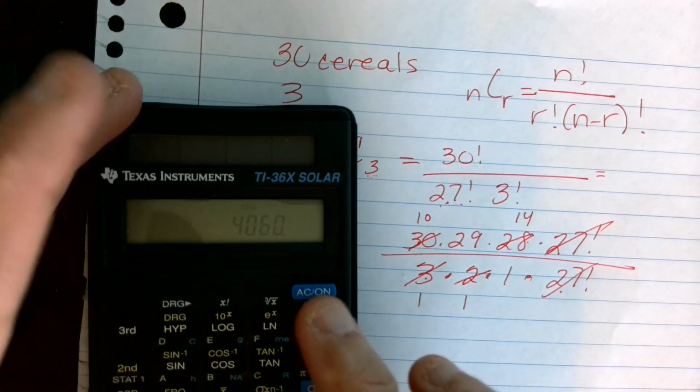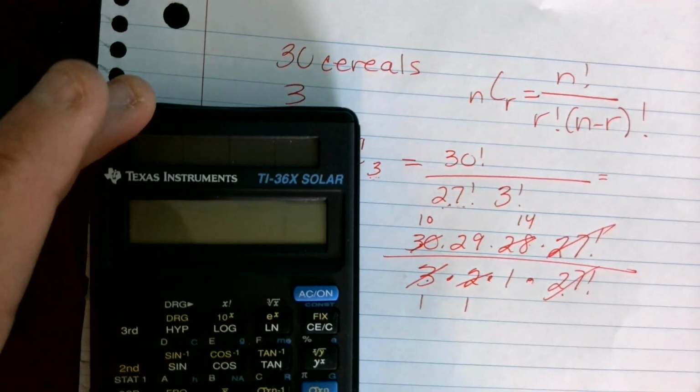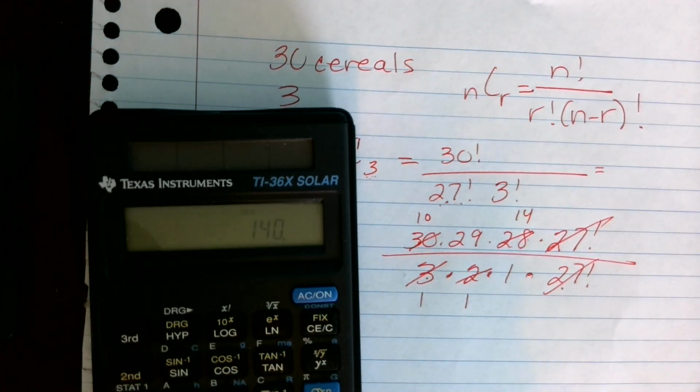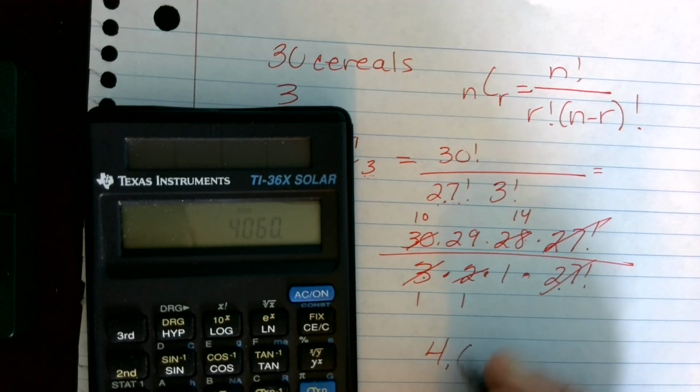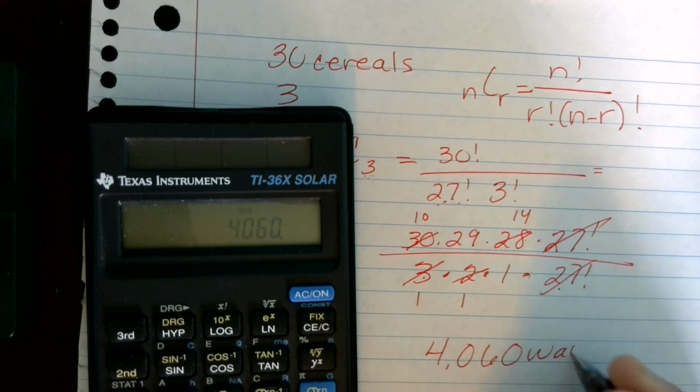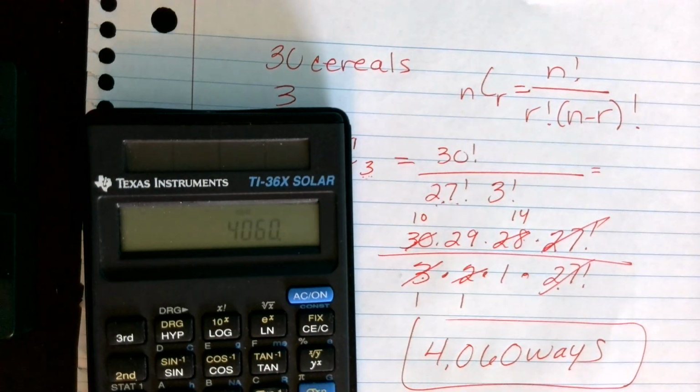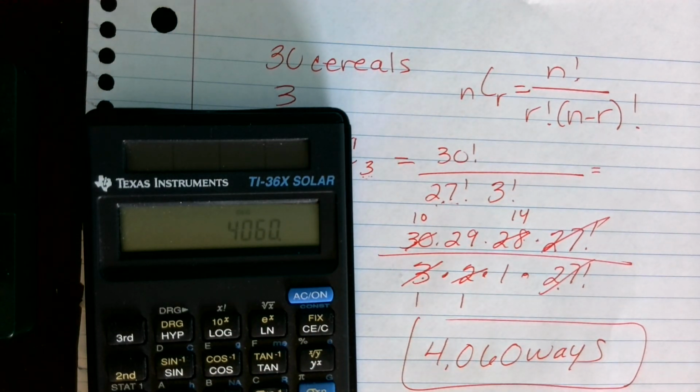Is that right? 4,060. Yep, I got 4,060 ways that I could get those 3 different cereals. All right. Too bad they're not getting them.